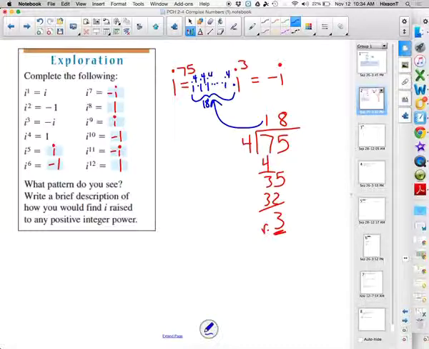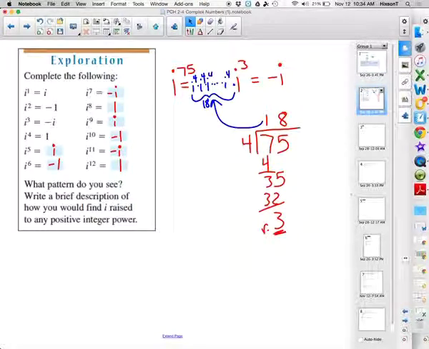Well, all of those equal 1. So that's why we can ignore the 18, just look at the remainder, and that'll tell us what we need. So really, you just need to know these first four. You can figure out the rest. Okay? So that's a basic skill there with dealing with i.